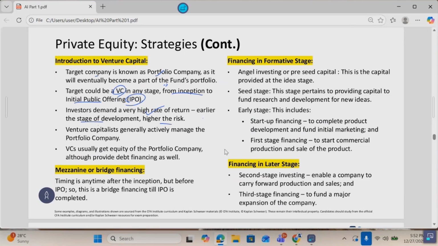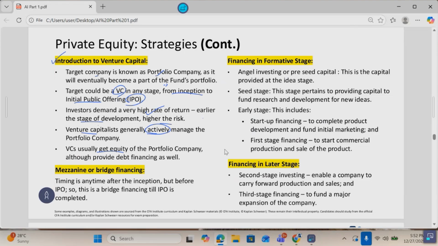So that's what they normally do. Now, don't forget, venture capitalists generally are active because they want to make sure the company eventually goes into IPO. So they're actively involved, they're looking at data, and they'll obviously look at getting equity, because that equity is what they will be working towards, and they want to convert it into IPO shares. So this is how venture capital will normally be working.